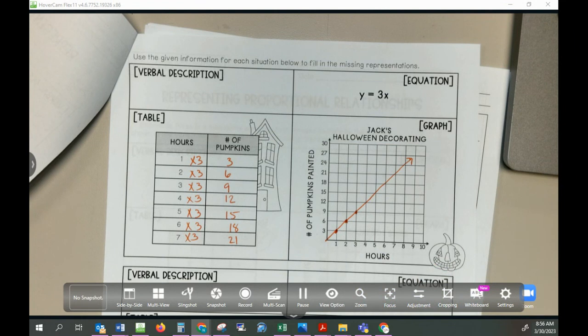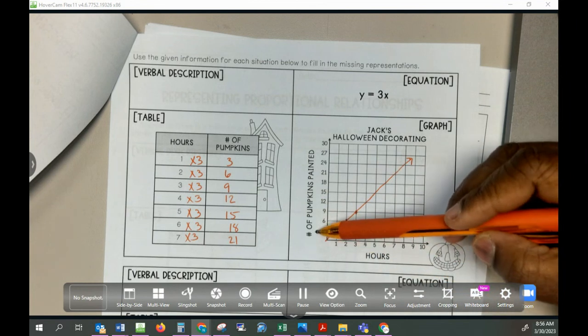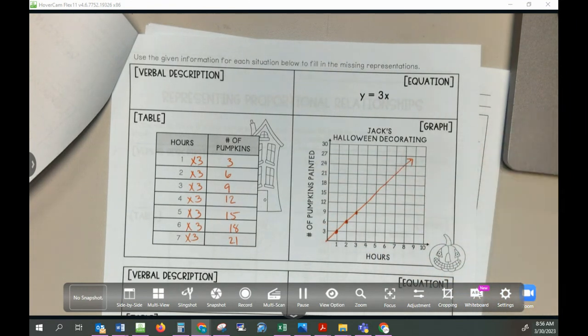Yes, sir. Okay. So is it talking about harvesting pumpkins, or what are they talking about with pumpkins? If we look at the graph, because on the graph, it tells us a little bit more. It says the number of pumpkins painted.